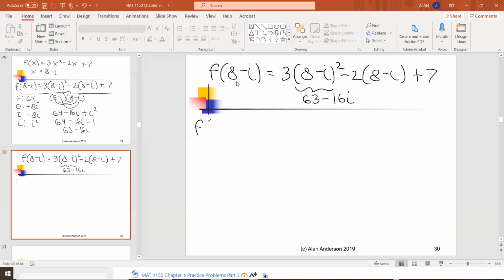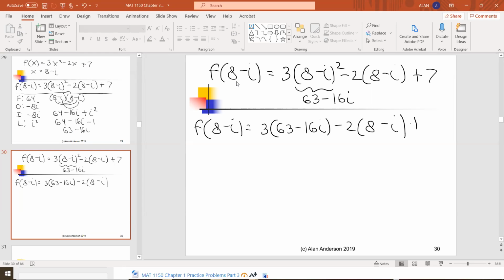So let's write it like that. Now we'll simply use the distributive property to take care of these first two terms. Here I've got 3 times 63 and 3 times negative 16i. So it's 189 minus 48i.